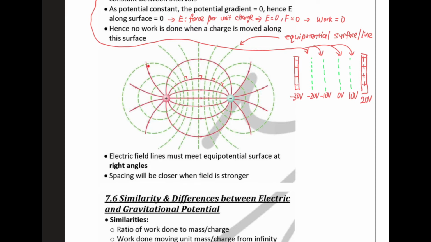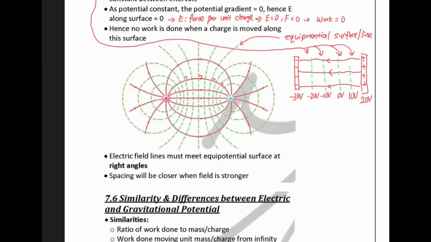But if you pull it far away, you will see this region has less number of lines, meaning that the field is weaker. Even for electric plates, we can draw the electric field lines, from positive to negative. The electric field line is like that. It is perpendicular with the equipotential lines.